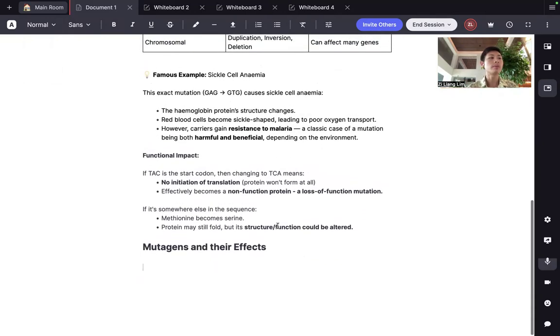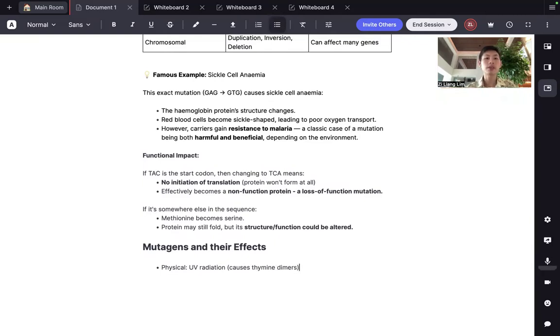All right, so there are three types of mutagens that you are required to be aware of. The first is the physical one. Then you have UV radiation that causes thymine dimers.